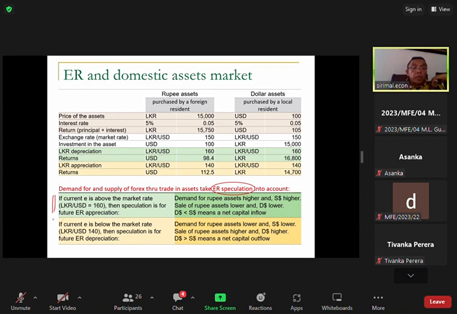So how do we look at that case? If the current exchange rate is above the market rate. Now, first we look at the second case. That is, we are quite familiar with that. If the current exchange rate, that is E, is below the market rate, for example, 100.